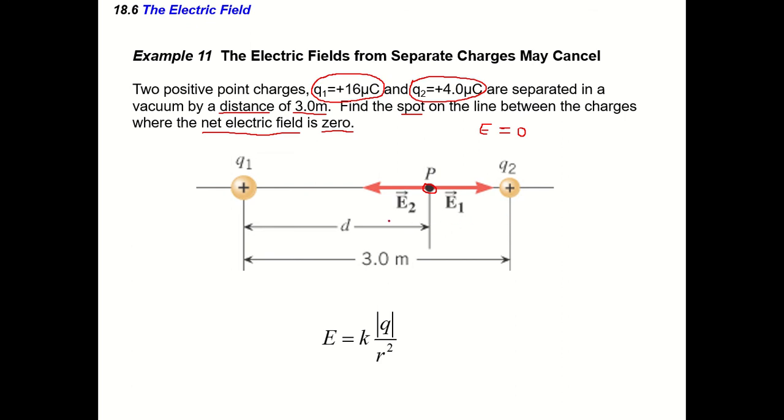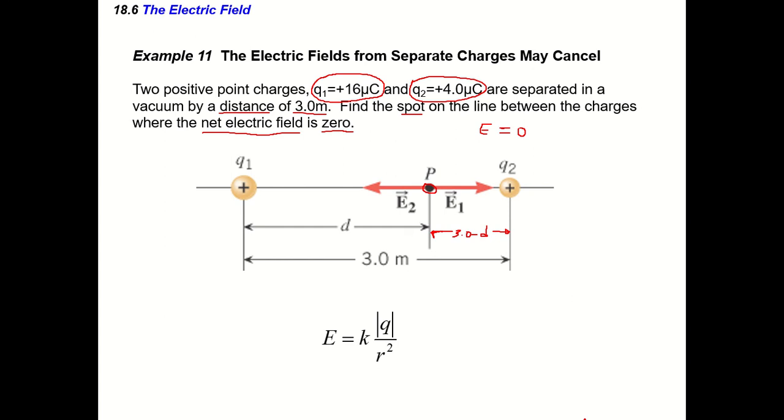Then the difference of 3.0 and D, so what is left here, this distance, is just 3.0 minus D. Okay, so this is now the distance between this spot and Q2.